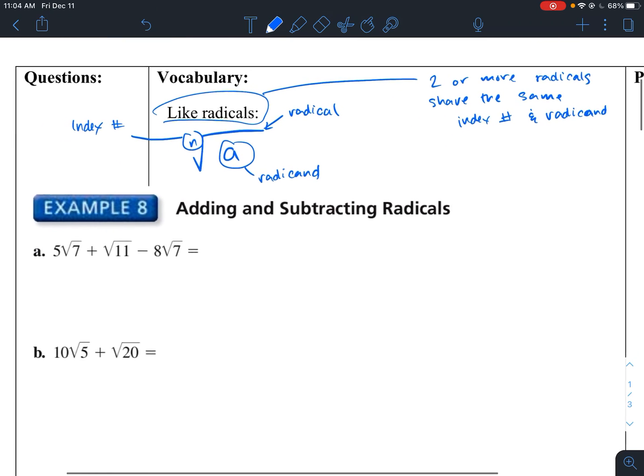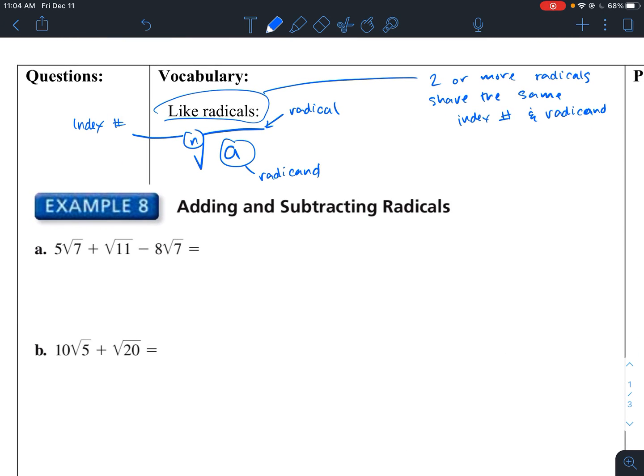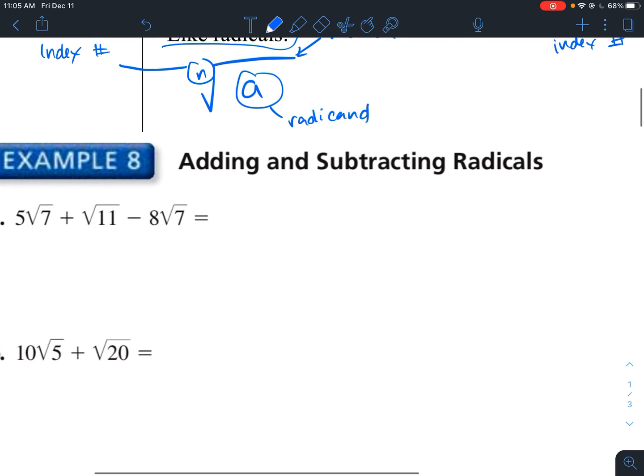So, for example, in order to add, we have three different radicals. This radical right here has an index number of 2 and a radicand of 11. This has an index number of 2 and a radicand of 7.